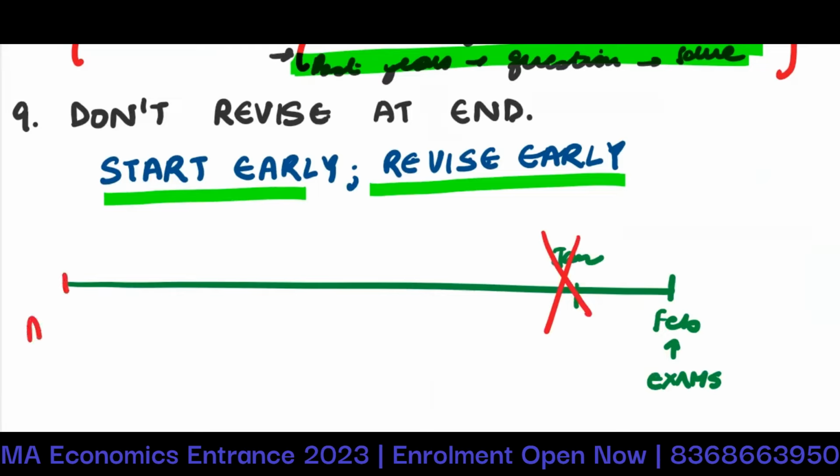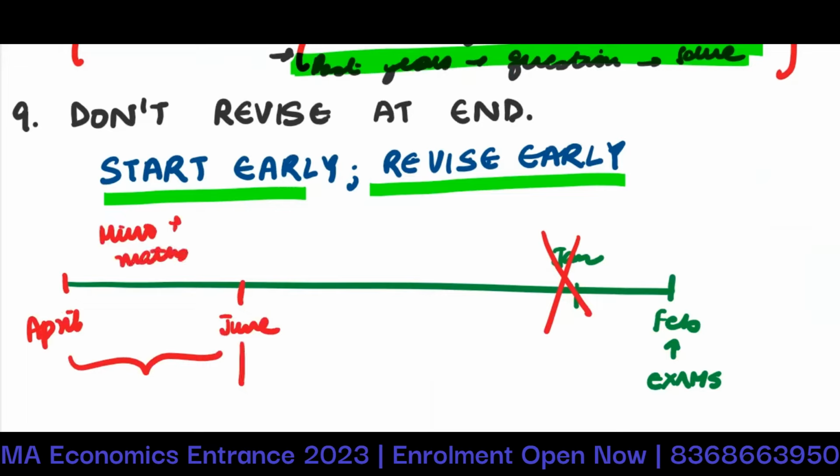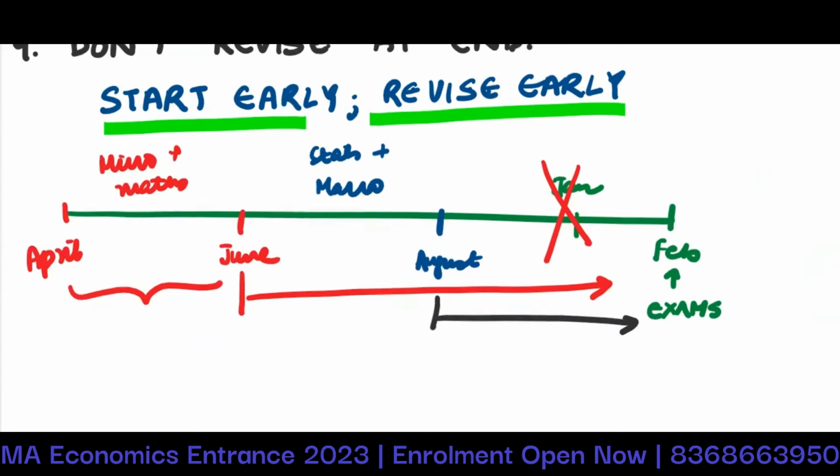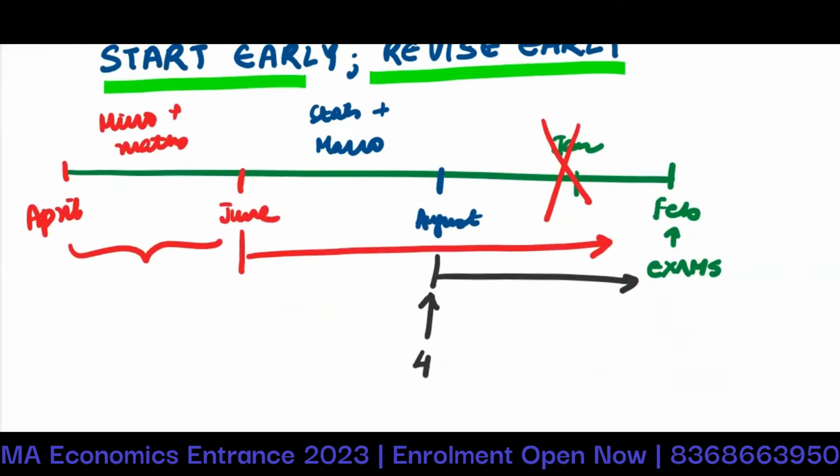So for example, if from April to June, you have covered micro and maths, then you should start your revision of micro from June onwards. If from June to August, you have done your stats plus macro, then your revision of stats and macro will start from August onwards. By August, you should be revising 4 subjects together.